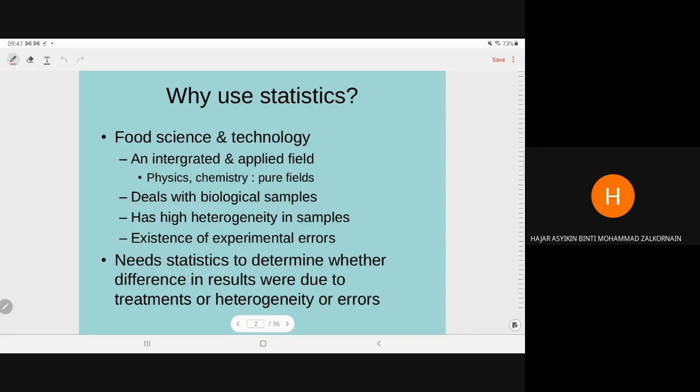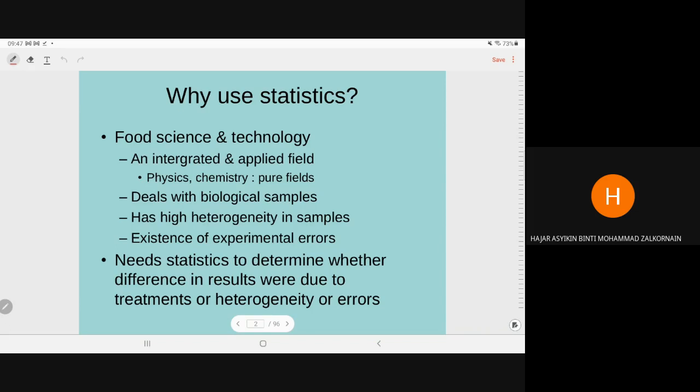This is different from chemistry, for example. When they do experiments, they will use samples that are very pure, 99.9%, for example. So the degree of heterogeneity is very low. But in biological samples, in food, we have a very high degree of heterogeneity.